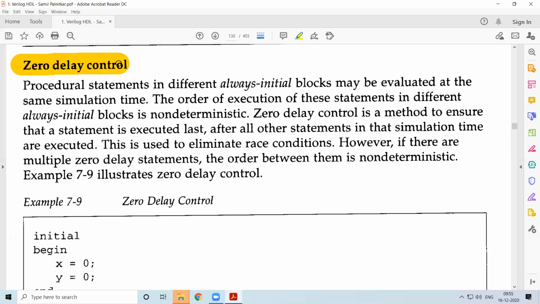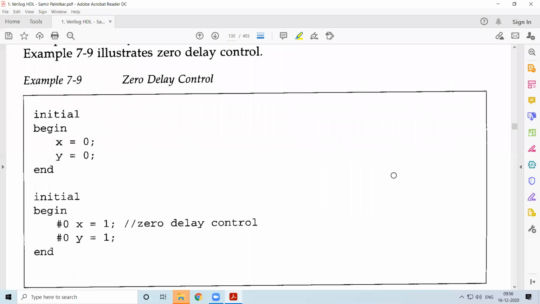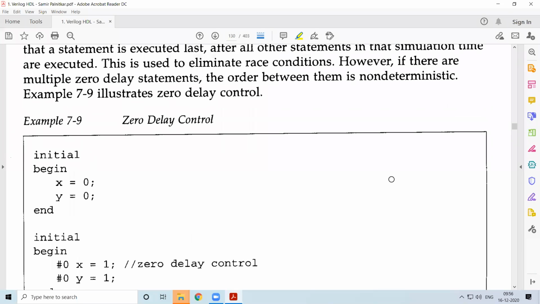Now there is another delay which is specified as zero delay control. It is not suggested to use this in your coding, but we can just understand what it means. What happens in these cases is sometimes some of the statements have to be executed at the last, once all the instructions have been executed. That is the requirement.